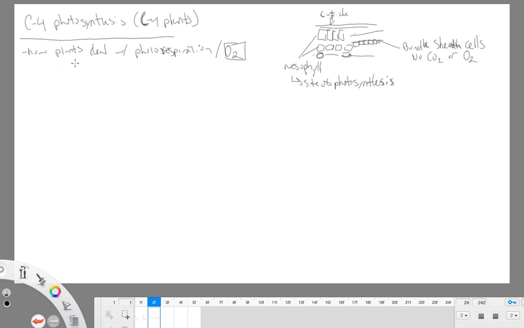In this case, it's not quite the Calvin cycle. But the inputs remain the same, right? We start with our 6 CO2. And the big change that we're going to see is that instead of that Rubisco, we have a different enzyme called PEP.